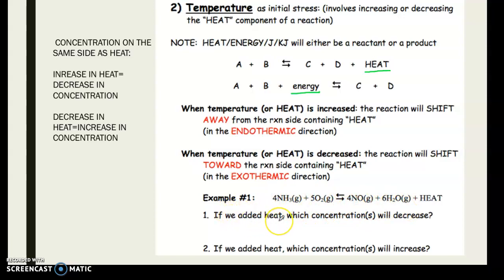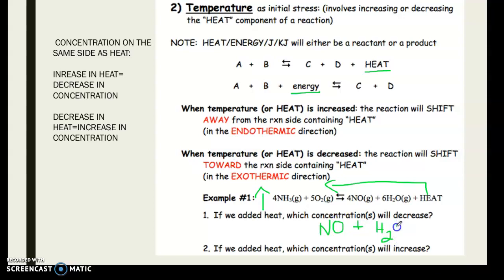So, if we add heat, we have this chemical equation right here. If we add heat, which concentration will decrease? Well, if I add heat, I'm going to shift away from it, so I'm going to go this direction, towards my reactants, and I'm going to increase anything on my reactant side. By default, my product side would look like it decreased. So back we have NO and H2O again.